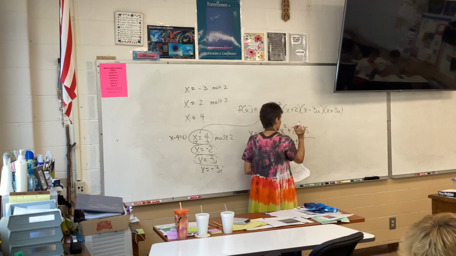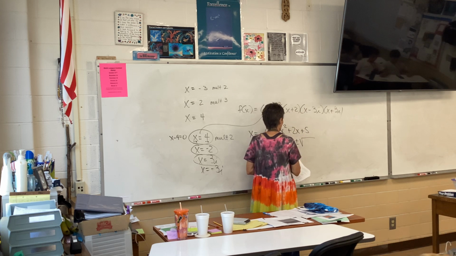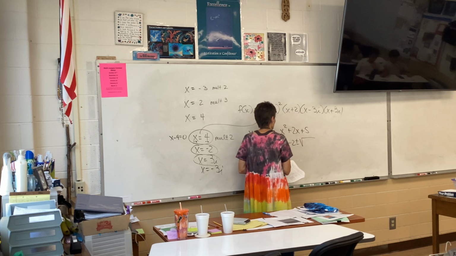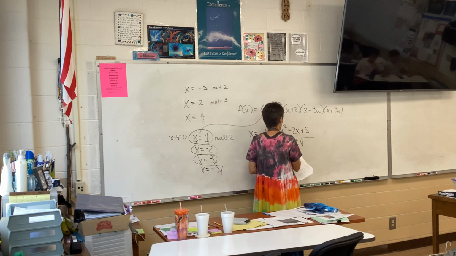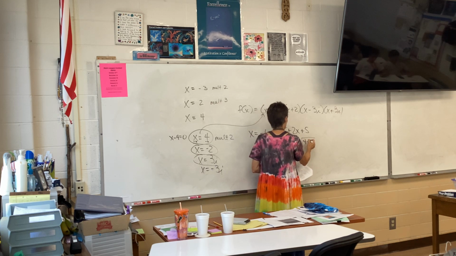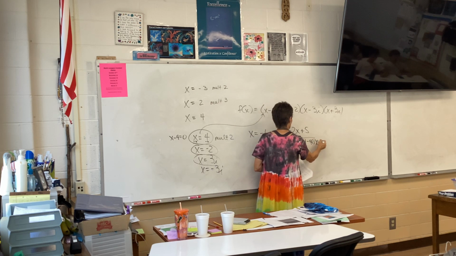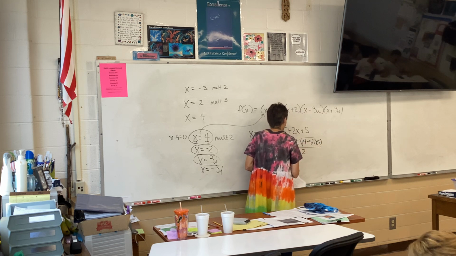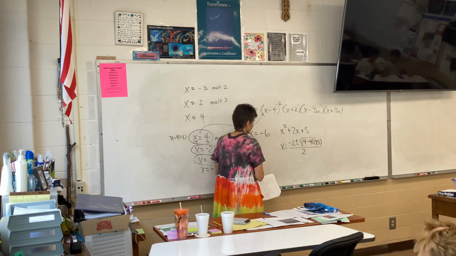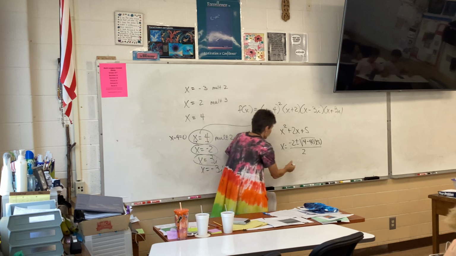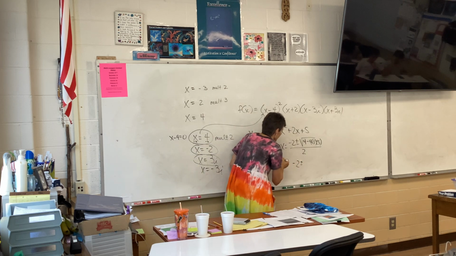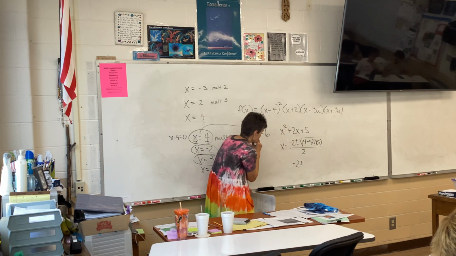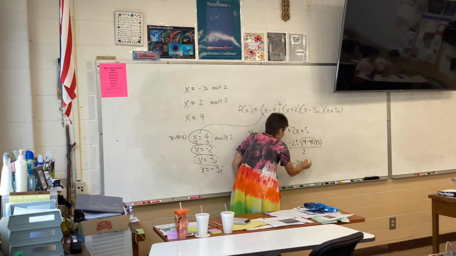We could also complete the square, if you like that better, because it's easy in this problem to complete the square. Okay, it's gonna be imaginary. What's it gonna be?